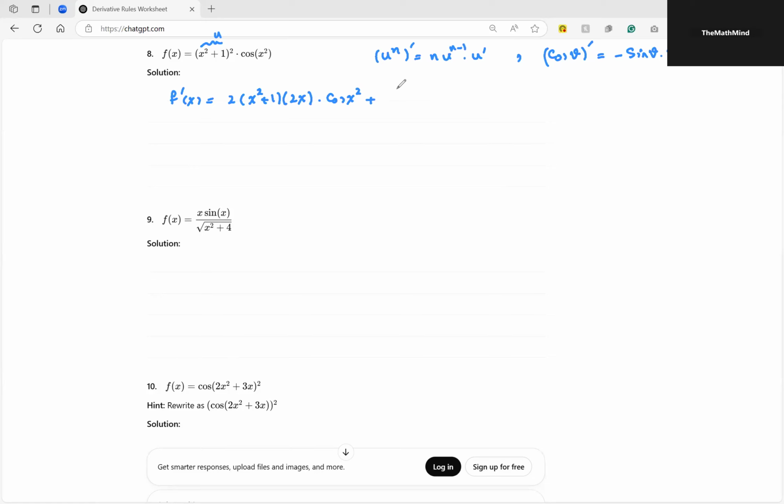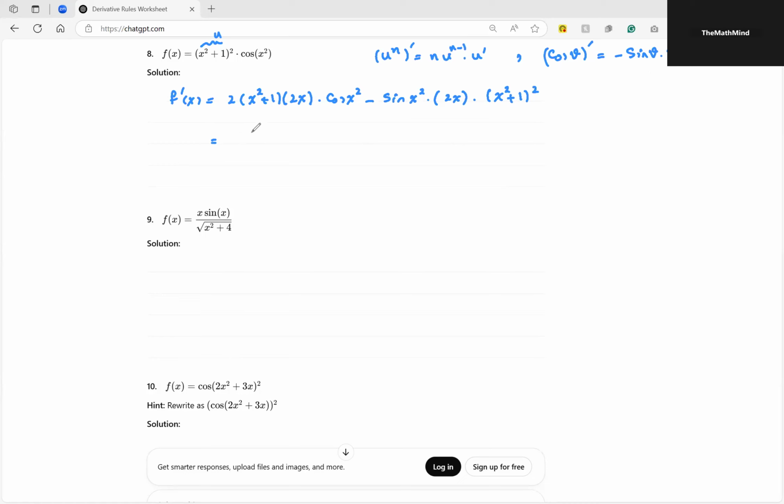Okay, so we use the same formula here. It's going to be negative sine of x squared multiplied by 2x, v prime is 2x, and then multiplied by the first function.